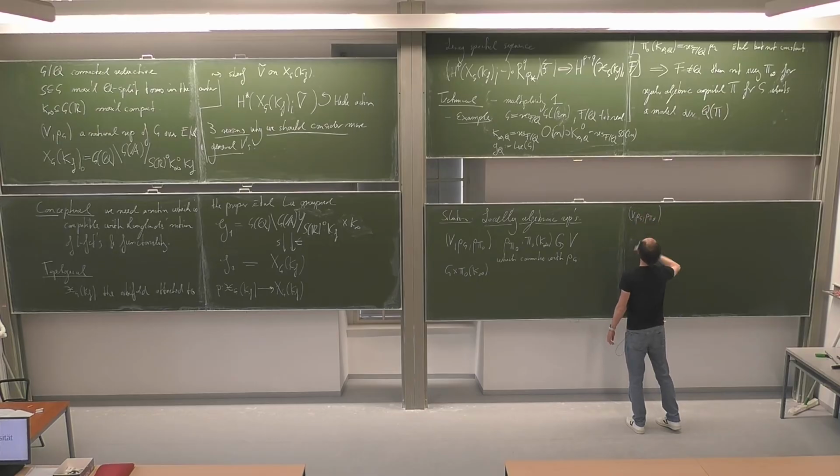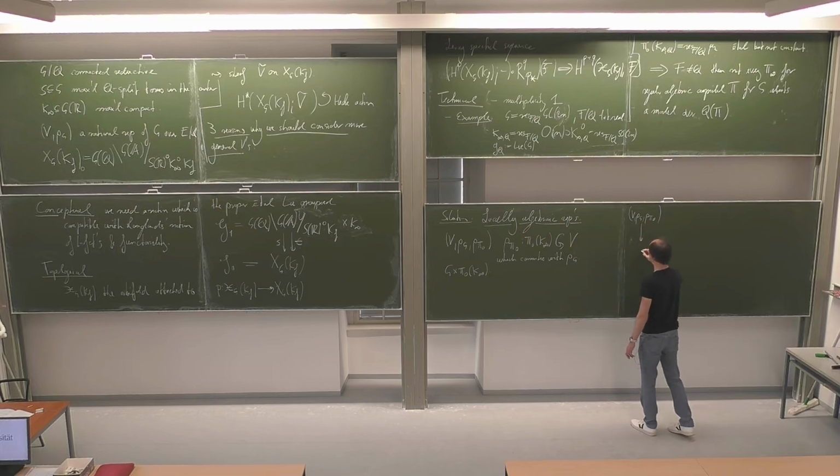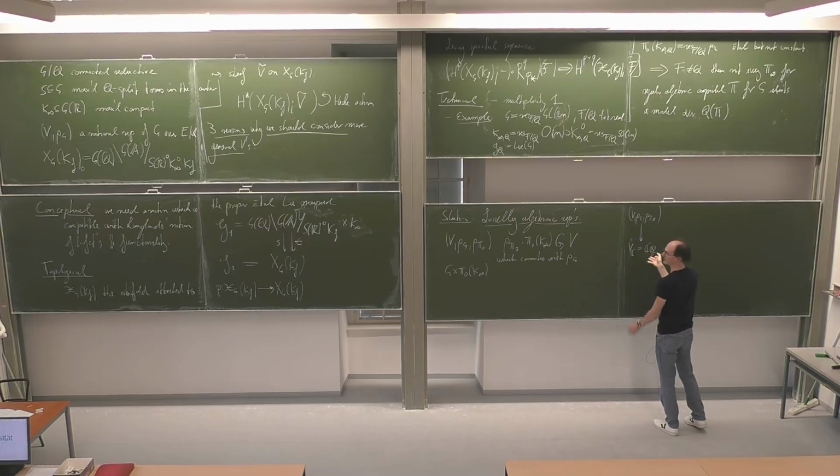And so if we have such a locally algebraic representation, so we start with this object, what can we do? So first of all, we can associate to it a complexification, which is like C tensor the original space, plus the diagonal G(R) action. Let's assume we have fixed an embedding. Otherwise, of course, you will have this for every embedding.